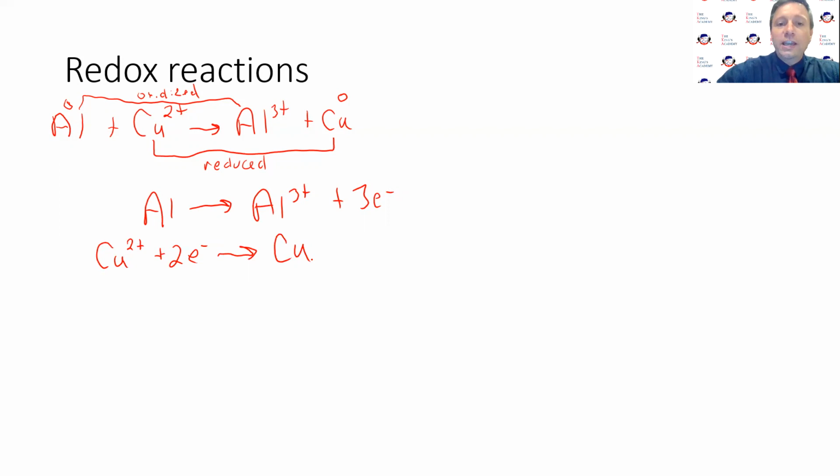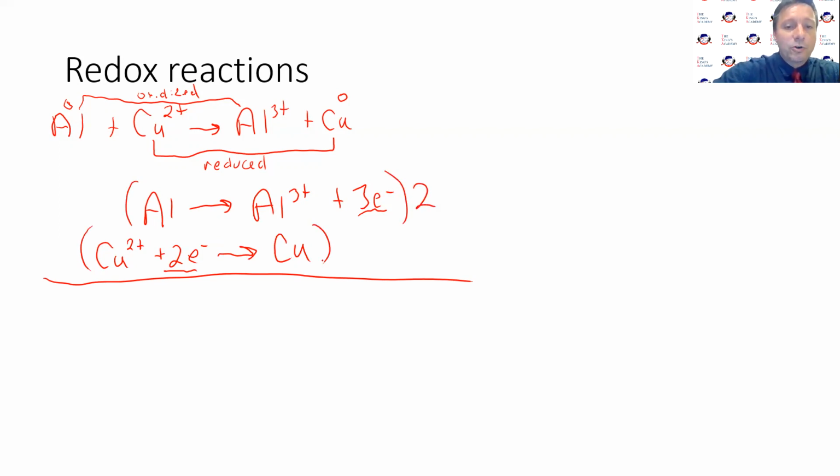So now we have to look at our electrons, and we have to balance them to cancel on each side to 0. So I'm going to draw my line here. And when I look at 3s and 2s, I know that 6 is the common factor. So I'm going to multiply this top one by 2 and this bottom one by 3.